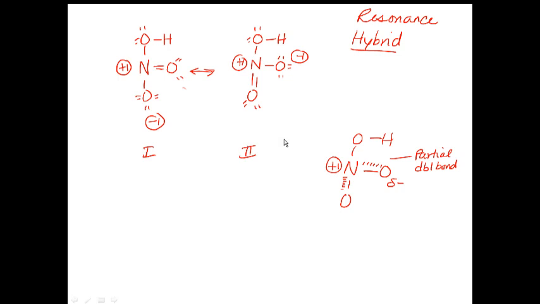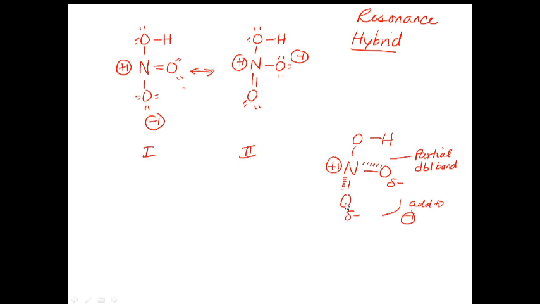How about the bottom oxygen? What's the average between -1 and 0? Delta minus as well. Okay. Now, looking at this structure, these two delta minuses need to add up to be -1.